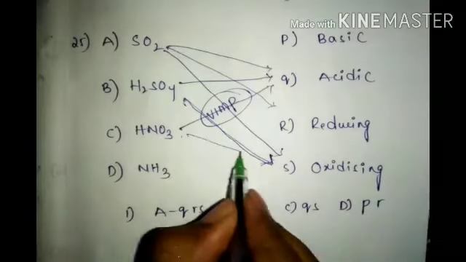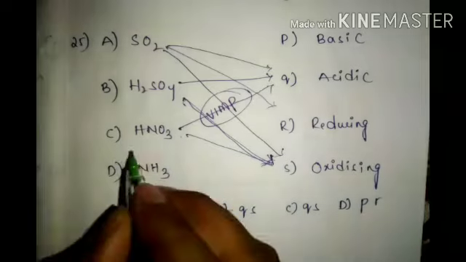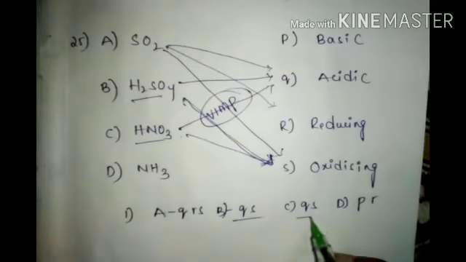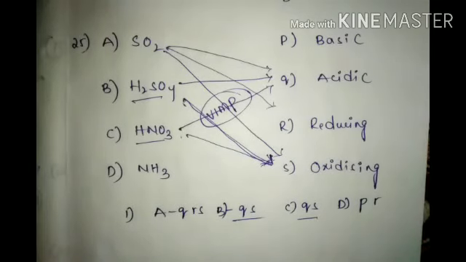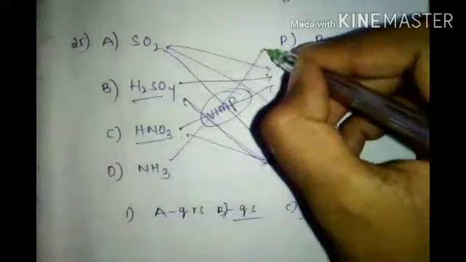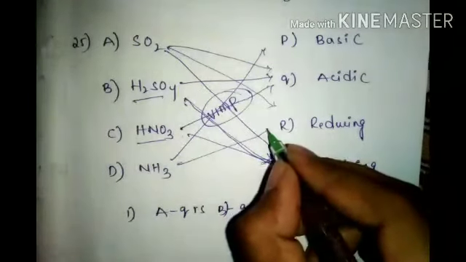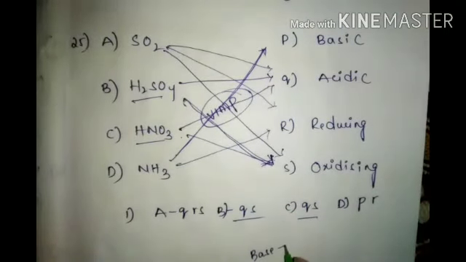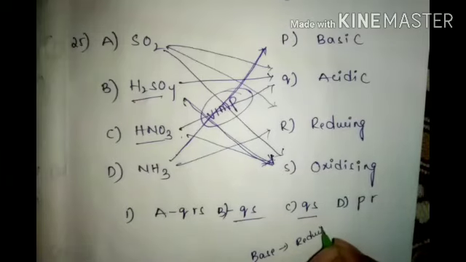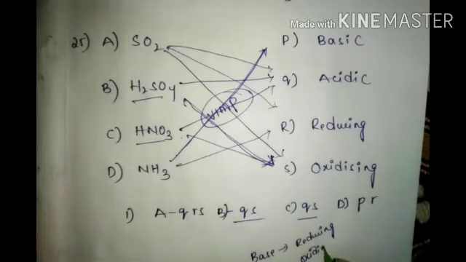And as well as an oxidizing agent, it also produces O. Both have the same character because both are acids. And last, it is D, ammonia. Everybody knows this is basic. Ammonia is a base and as well as a reducing agent. Most of the chances, bases are reducing agents, acids are oxidizing agents. Not every time, only sometimes.